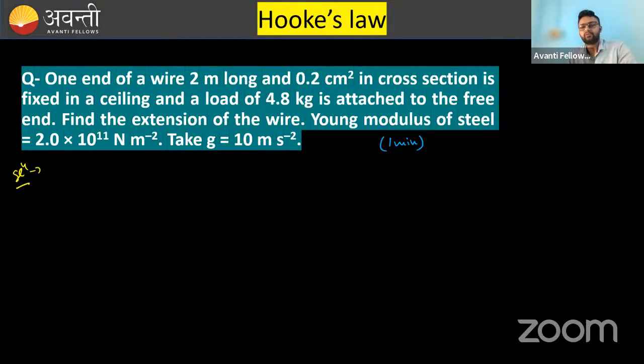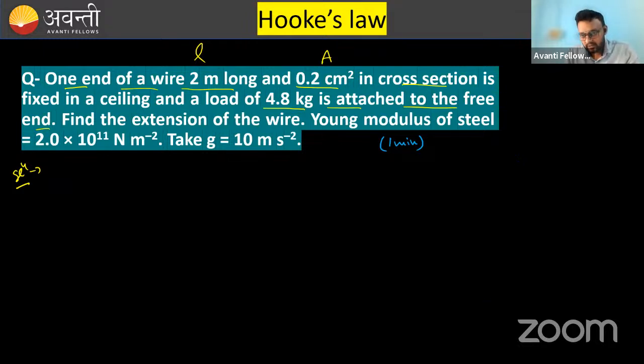First of all, I will try to draw a rough diagram here. The question says: one end of a wire 2 meter long, 0.2 centimeter square in cross section, that means area is given, original length is given, is fixed in a ceiling, and a load of 4.8 kg is attached to the free end. I have a picture in mind now.